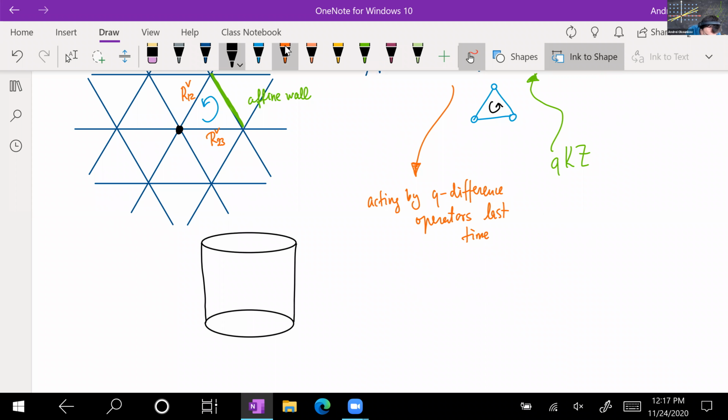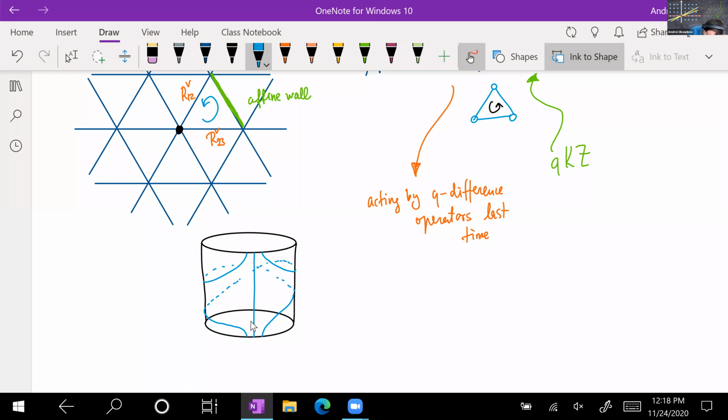Anyway, what happens at the affine wall? At the affine wall, the 1 and the 3 will exchange their places behind the back. So 1 will come back here, and the 3 will come back there.